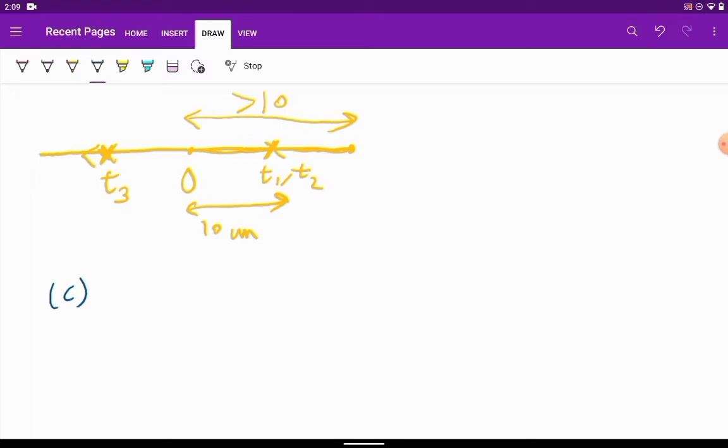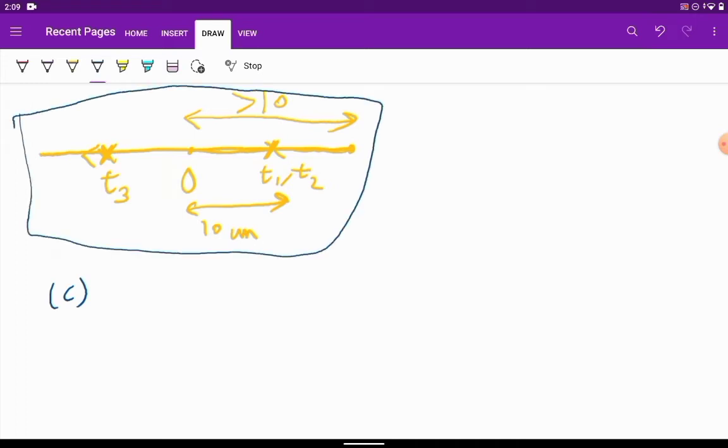Now for distance, as I have shown just now, the particle goes till some s max, and then it retreats back towards the origin.